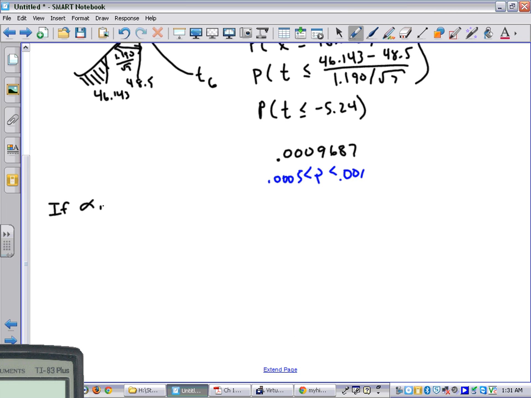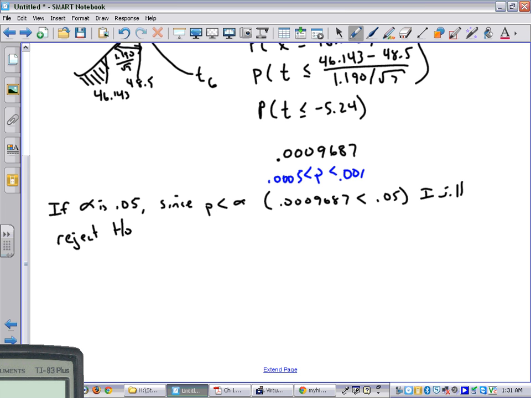If alpha is 0.05, since my p-value is less than alpha, I will reject H0 in favor of HA.